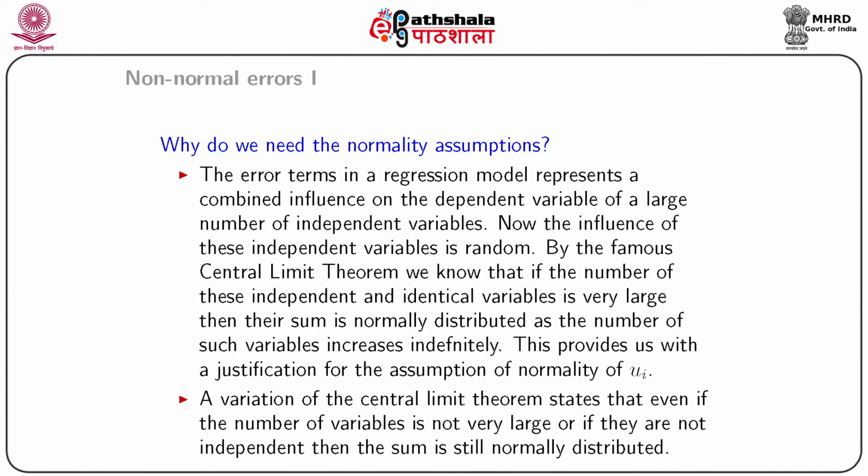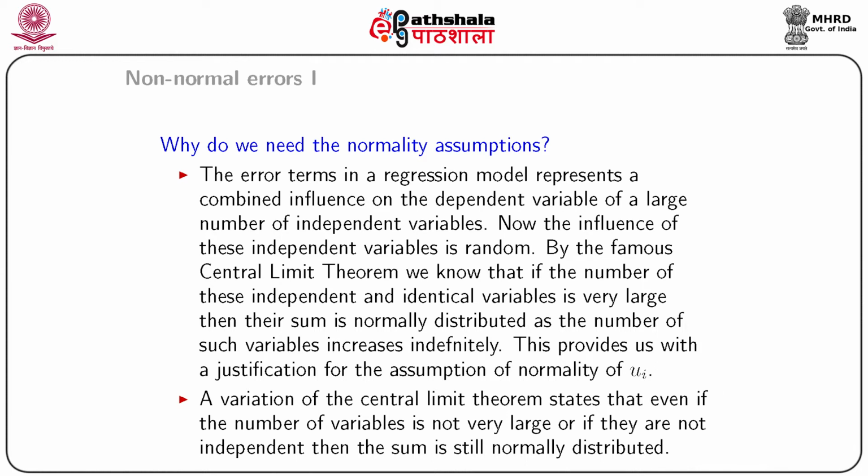Now, why do we need the normality assumption? Let us elaborate on this question. The error terms in a regression model represent a combined influence on the dependent variable of a large number of independent variables. If you remember the regression model, suppose a multiple regression, it was written as y equals beta naught plus beta 1 x1 plus beta 2 x2 plus beta 3 x3 plus beta p xp plus ut, where ut was the error term.